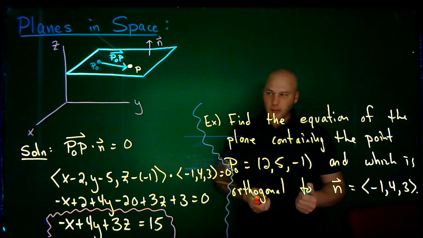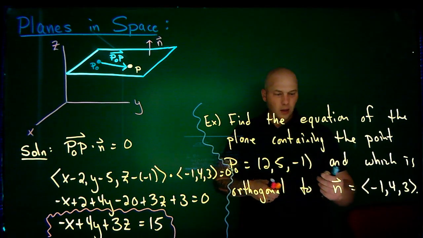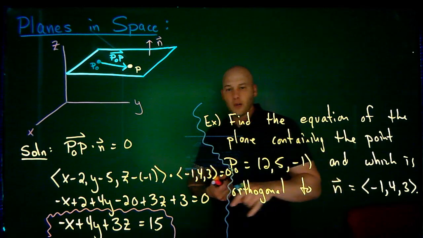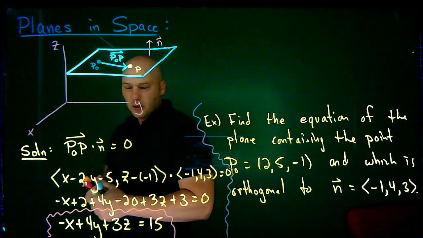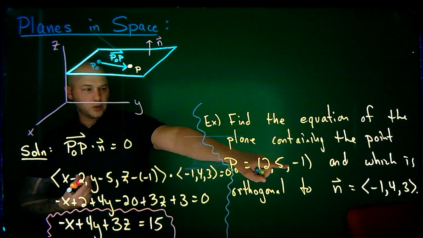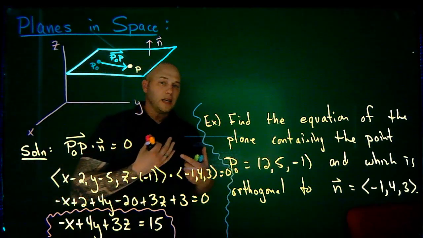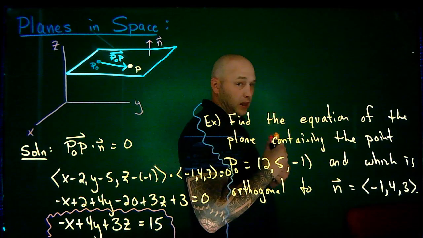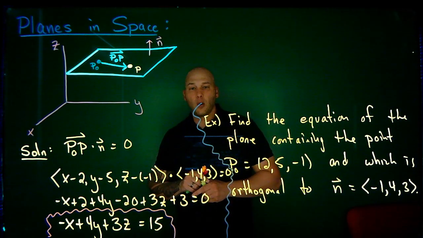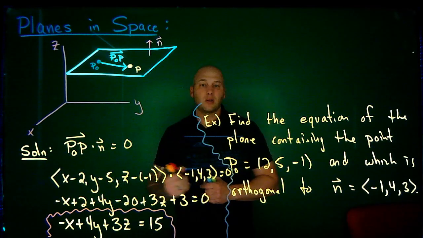The other thing, and I'm going to make this a specific note here in a second: if I take a look at the normal vector, negative 1, 4, 3, and go over to the equation of the plane, notice that the coefficients, negative 1, 4, 3, match the components of that normal vector. Therefore, if I give you the equation of a plane, we already know one vector that is normal to it: the vector with components consisting of the coefficients of x, y, and z.